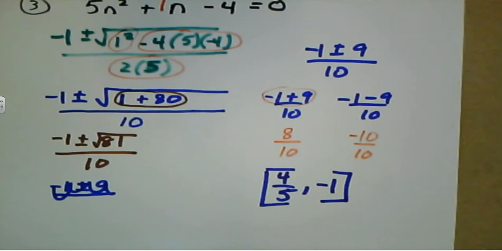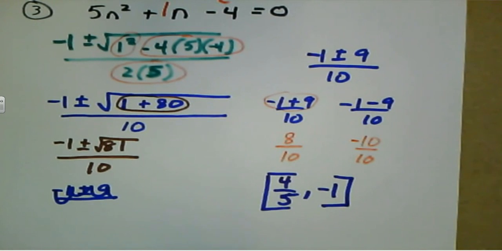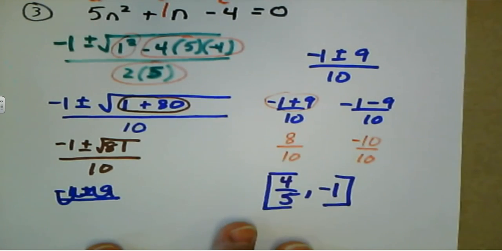Does everybody see it? Not hard, just a lot of work. Okay? Do you notice? It's the same thing over and over again. You're just plugging different numbers into it. Once again, algebra is about process.